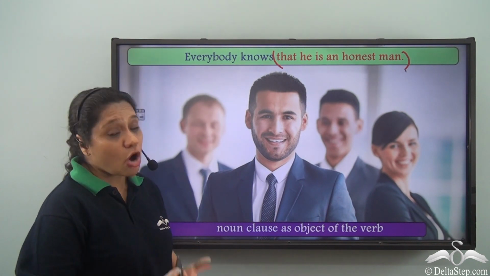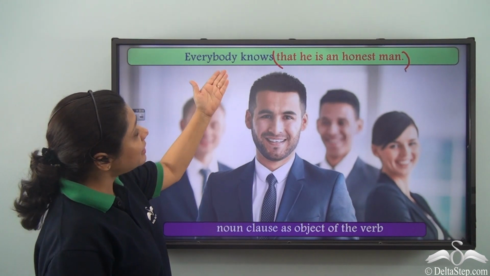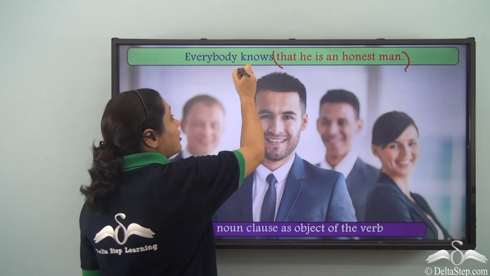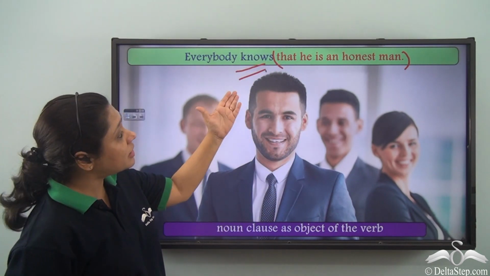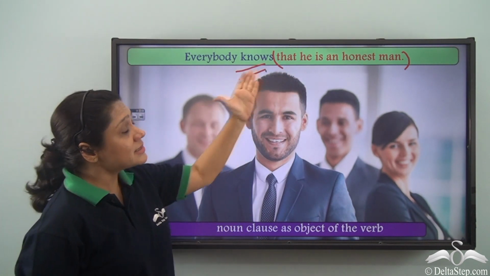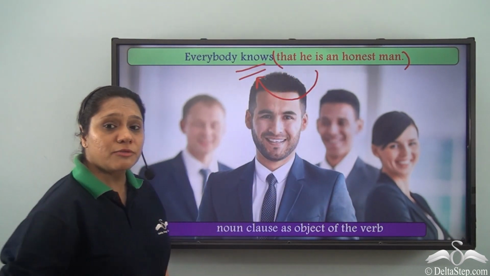We know that an object of the verb is the receiver of the action. So, everybody knows that he is an honest man. The verb here is knows. So, the object of the verb here is that he is an honest man. So, this noun clause is working like an object of the verb knows.